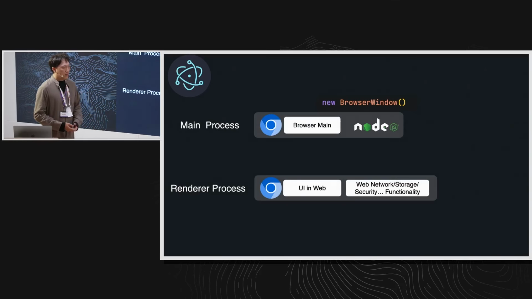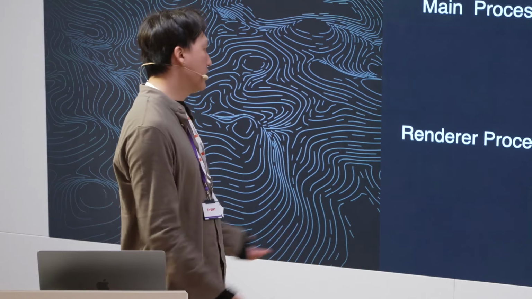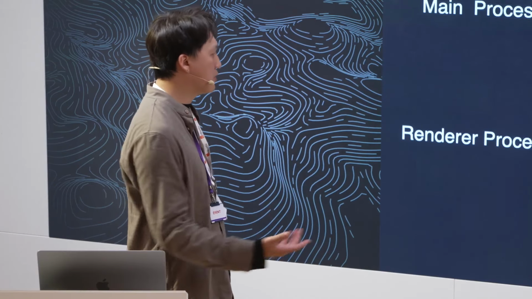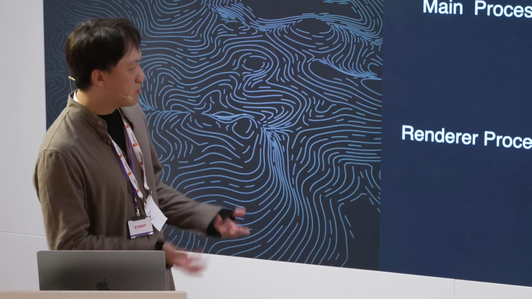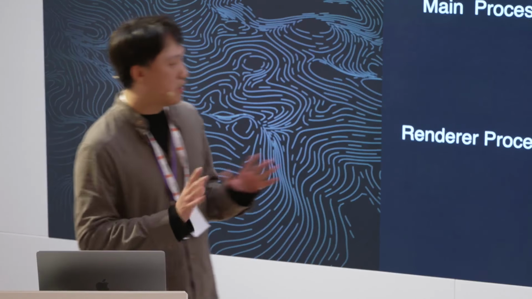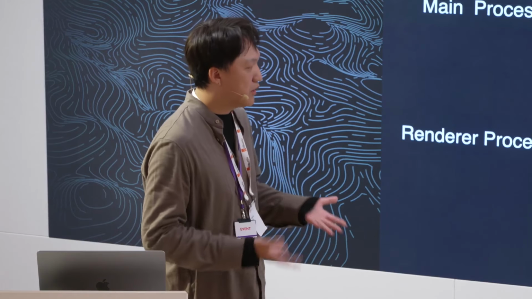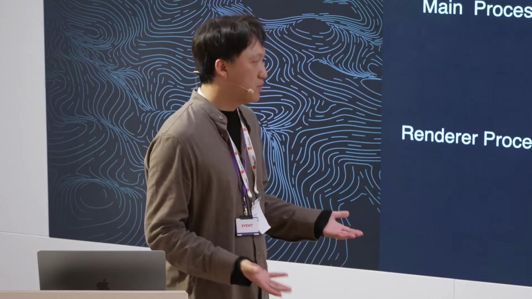Within the Node.js environment, the developers can use a browser window where the UI will be rendered. The browser window corresponds to a renderer process, usually in Chromium, and the renderer process has the full web development environment provided for the developers.